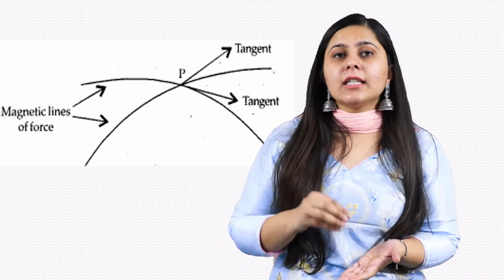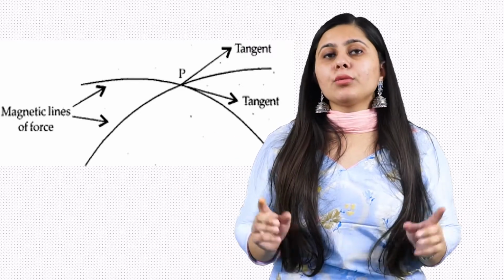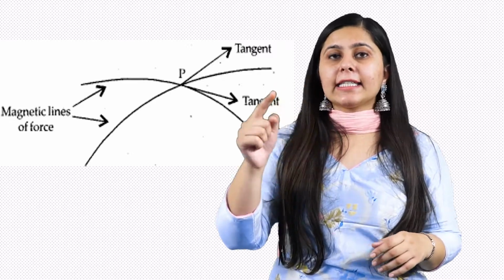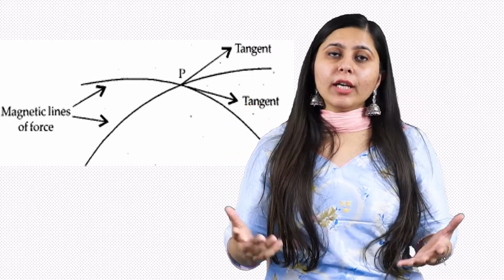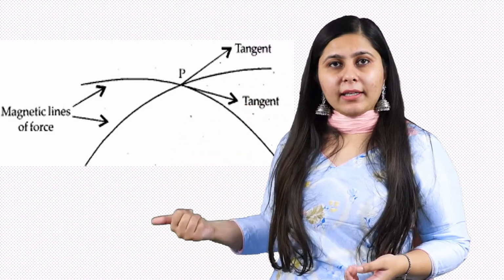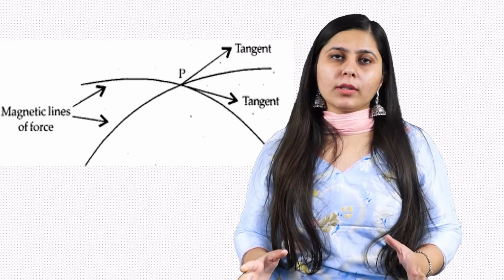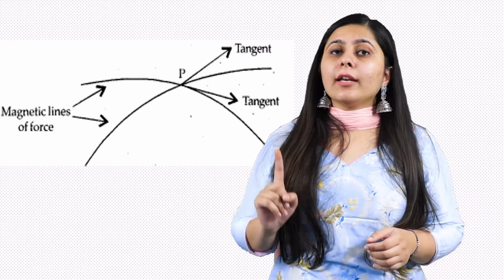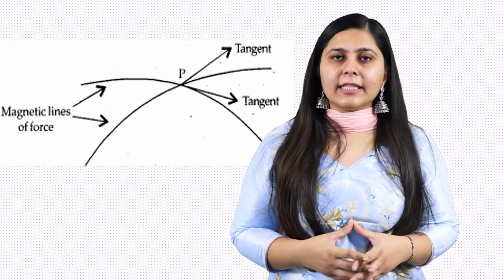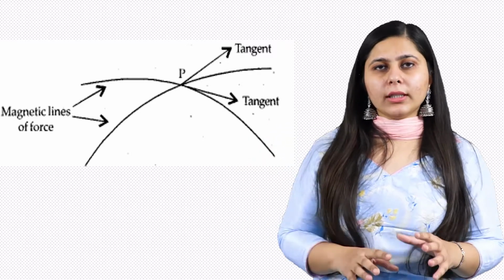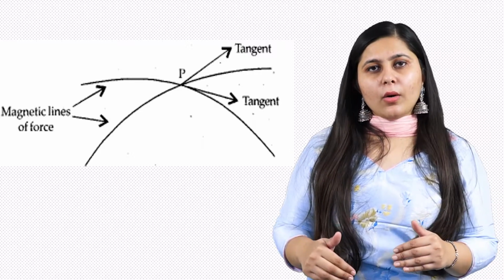This is the reason why we do not make intersecting magnetic lines: they would give us two directions, and that is not at all possible, because the direction of the magnetic lines can only be one.